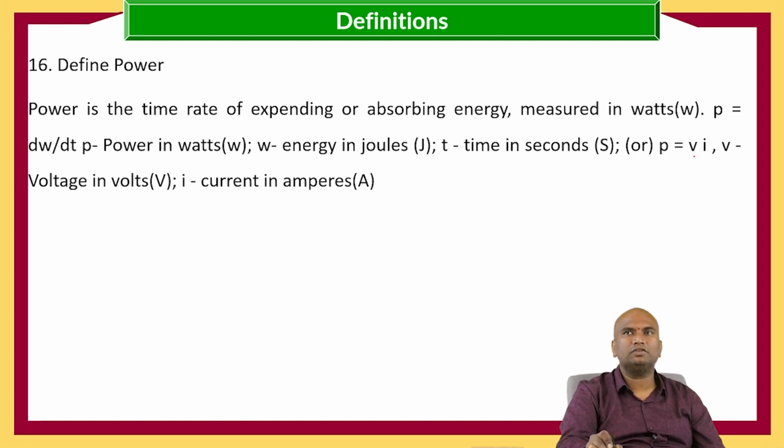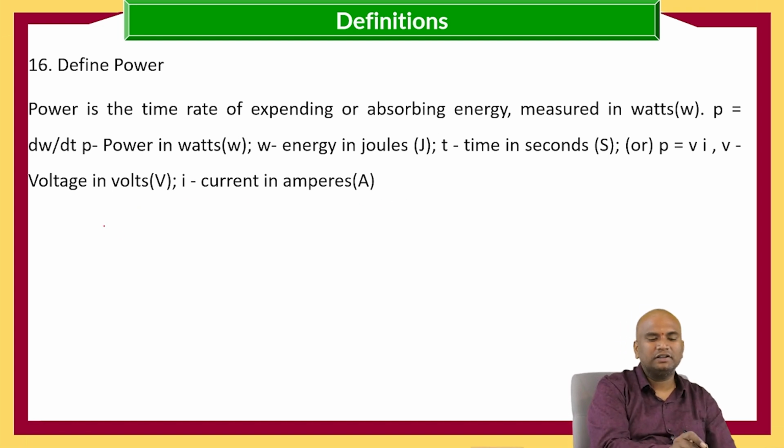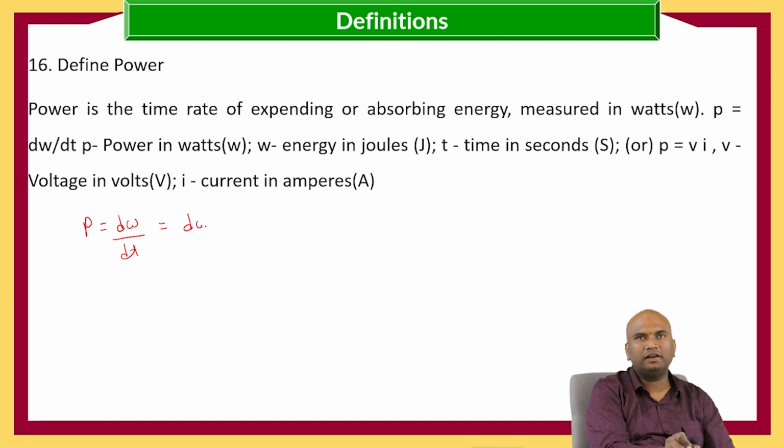Or power P is equal to VI, where V is voltage in volts and I is current in amperes. So power P is equal to dW by dt. This we can write as dW by dq into dq by dt.